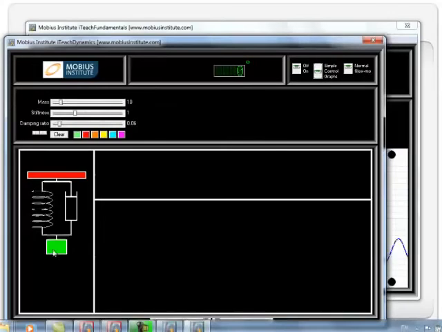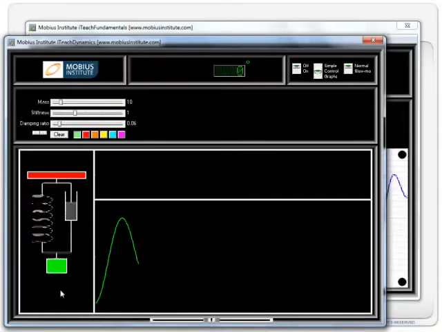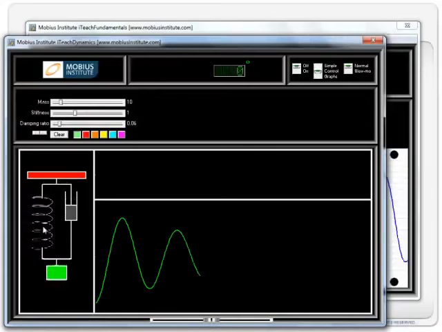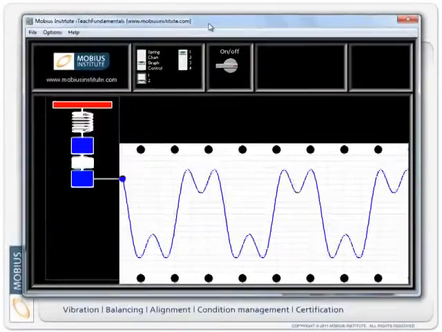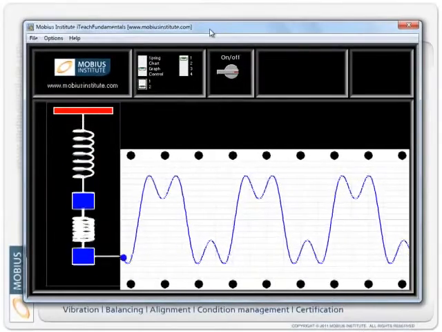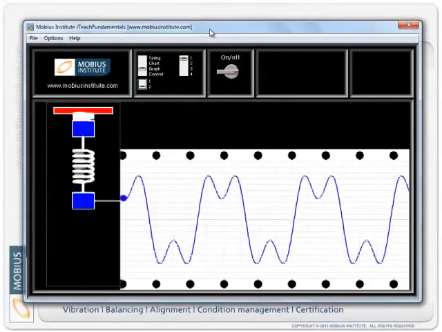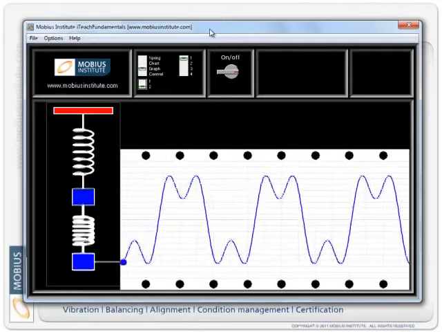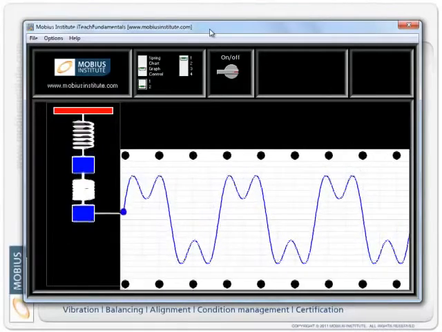And here we go, and we can drag that down and see how the vibration changes depending on the stiffness of the spring and the damping here. But this one is a very simple simulator for explaining how vibration and frequency and amplitude relate to each other.